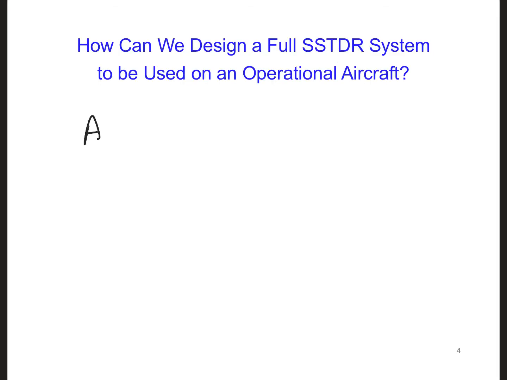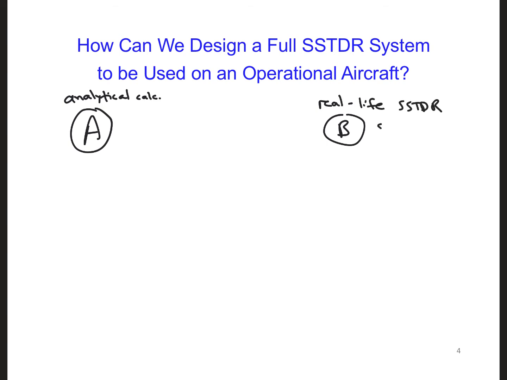But it's a big step to go from point A, where we have the simple analytical calculations that we've been doing, to point B, where we have a real-life SSTDR system in an aircraft and operating while the aircraft is flying around.